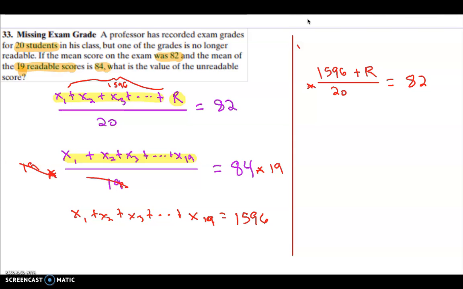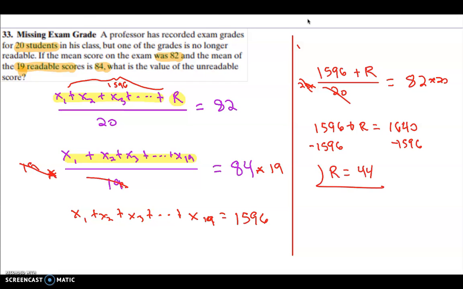I multiply both sides by 20. Then I have 1596 plus r equals 82 times 20, which is 1640. Then I subtract 1596, and I get r is equal to 44. And that is your unreadable score.